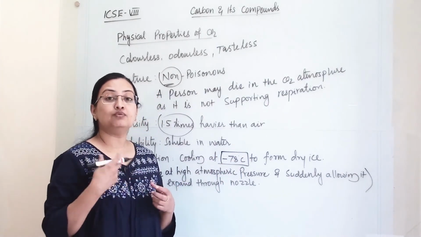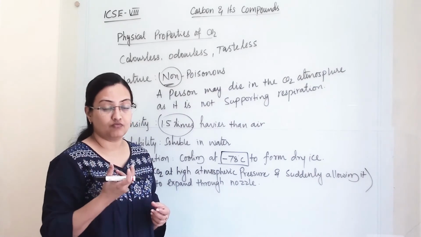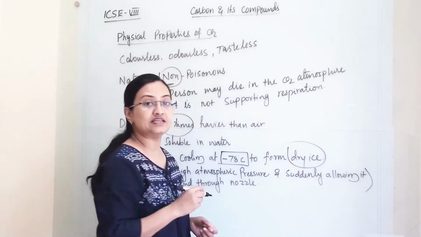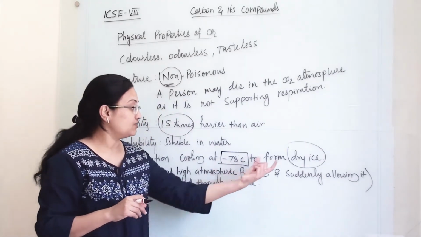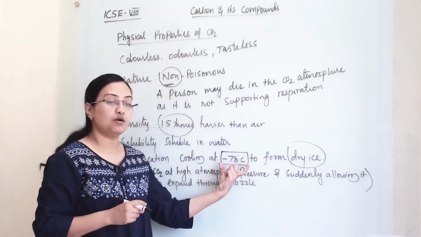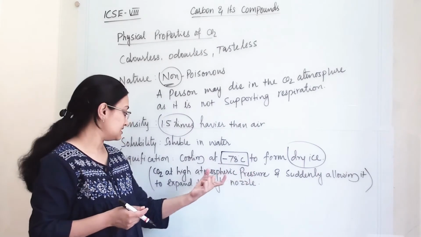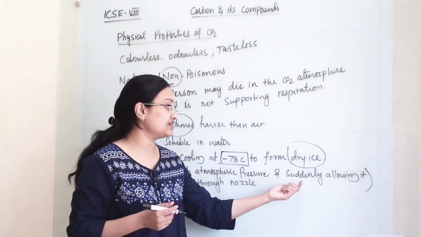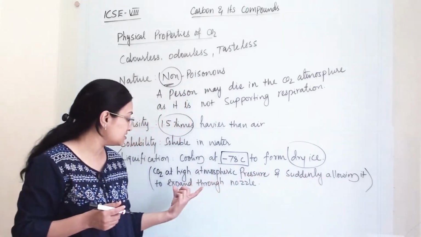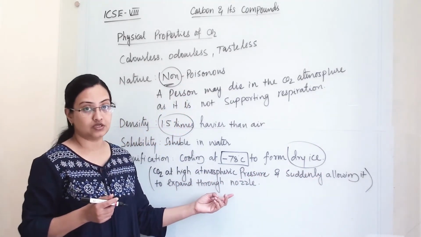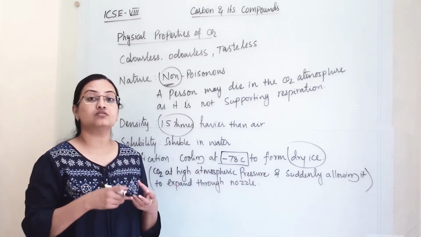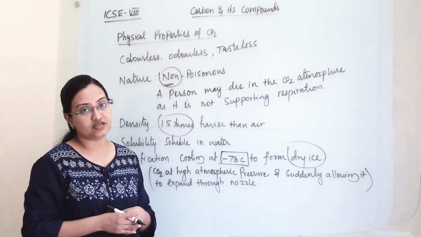Then it will form a white solid substance that we term dry ice. So dry ice forms at -78 degrees Celsius. Carbon dioxide at high pressure is suddenly allowed to expand through a nozzle. Like this we can make dry ice, a solid form of carbon dioxide gas.